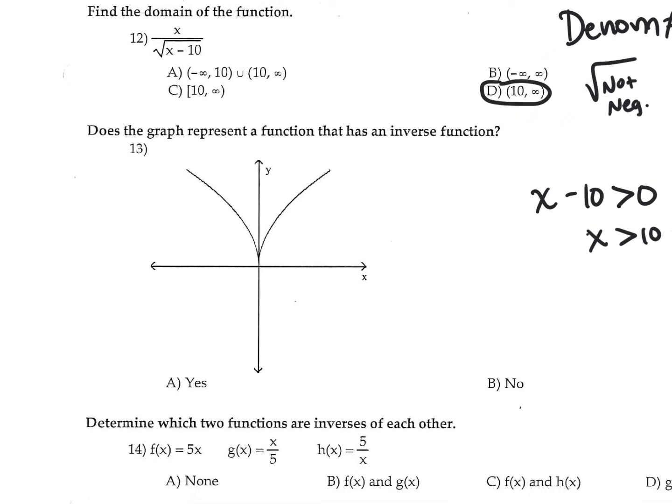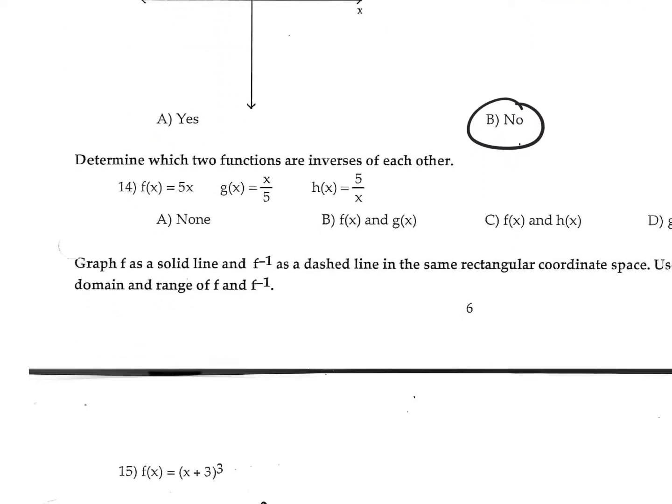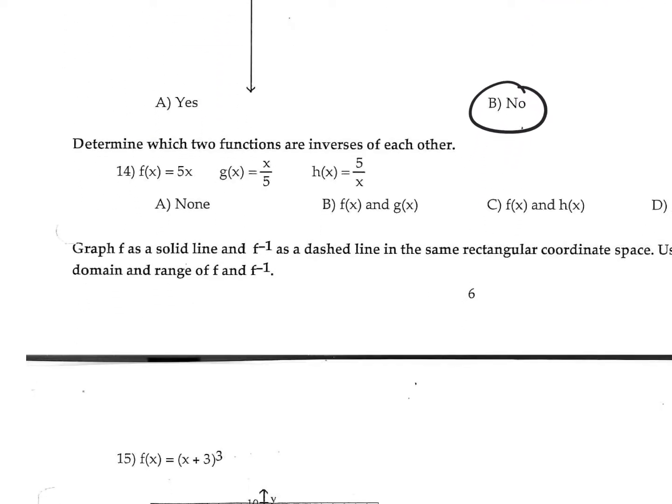On number 13, they ask us, does the graph represent a function that has an inverse function? That's where we use our horizontal line test. I can see that horizontal line crosses the function in more than one spot, meaning that the inverse is not a function. While we're on the topic of inverses, we see number 14 asks us which two functions are inverses of one another.